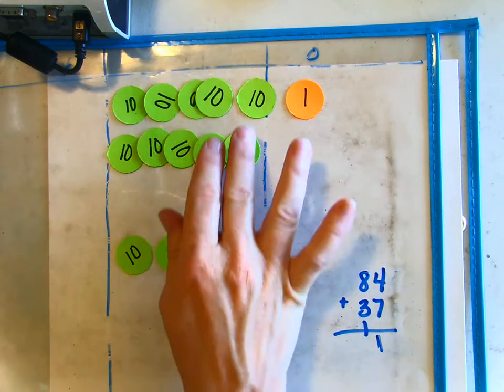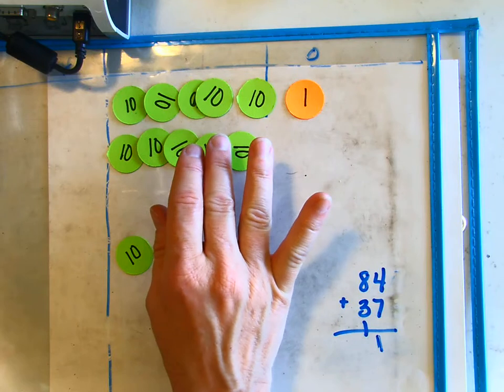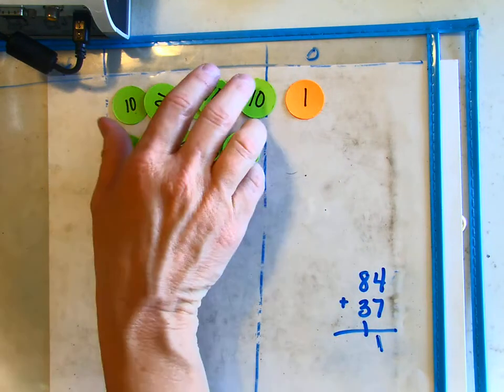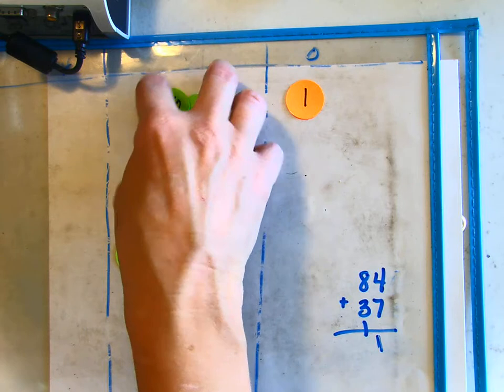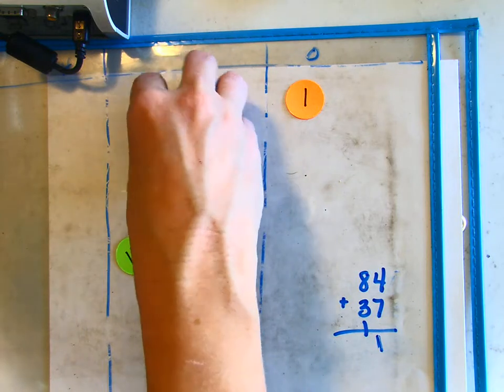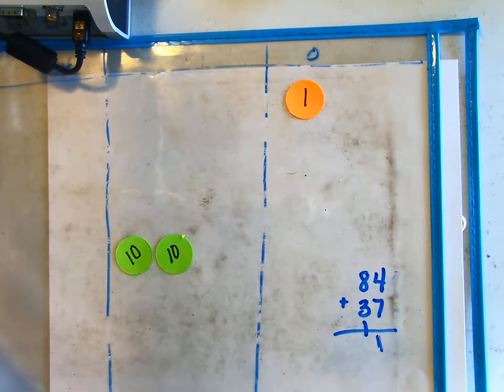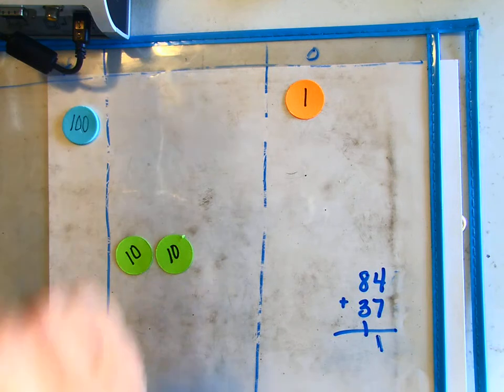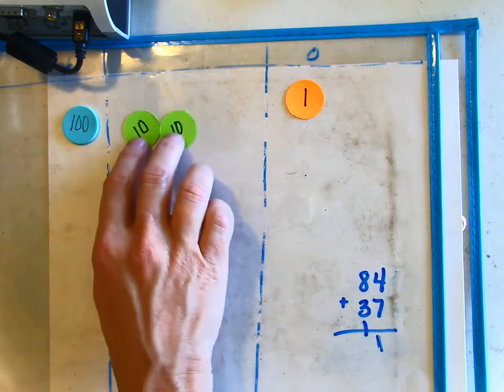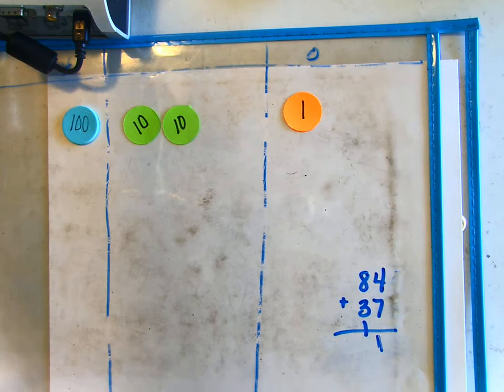So we have a group of 10 tens. We're going to bundle or compose the group of tens and swap it out for 100. 10 tens is the same as 100.